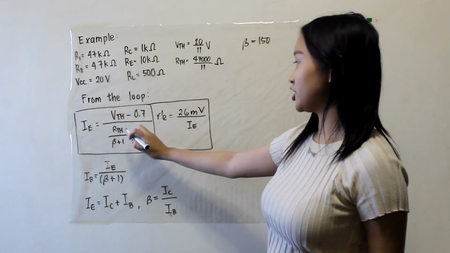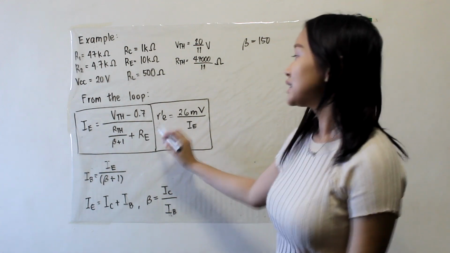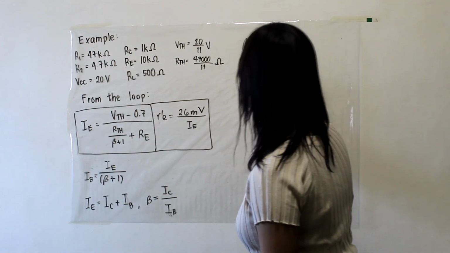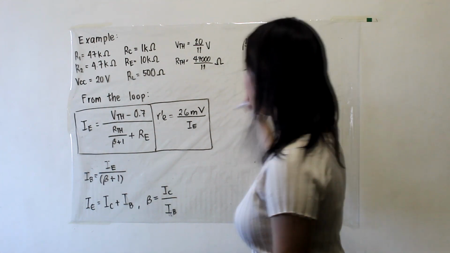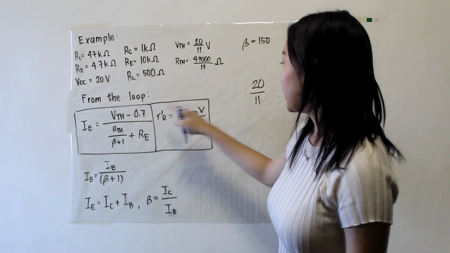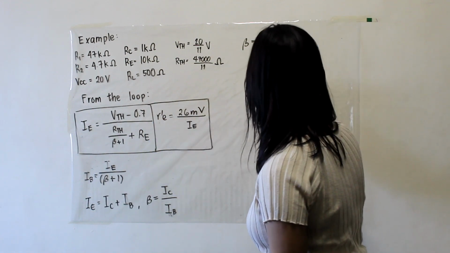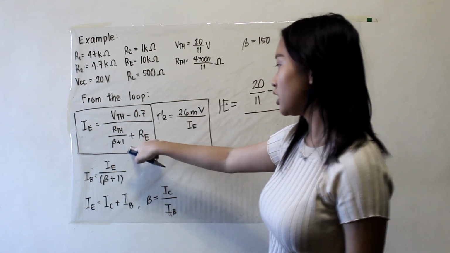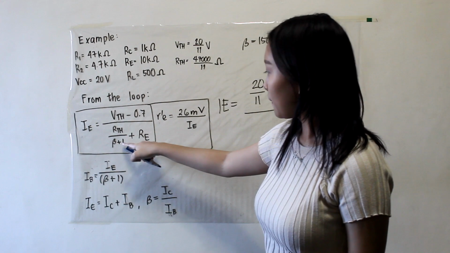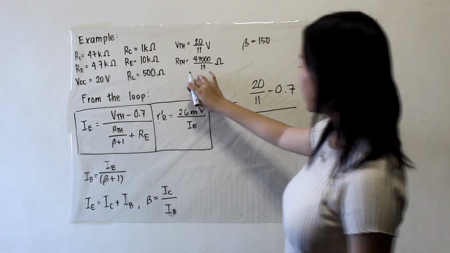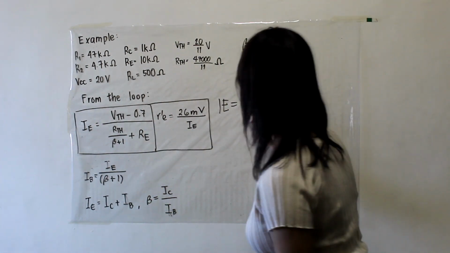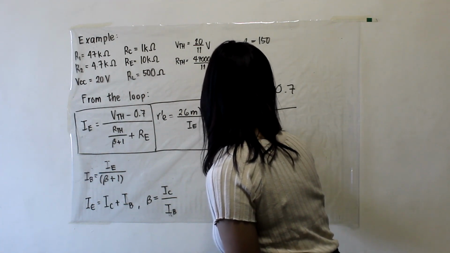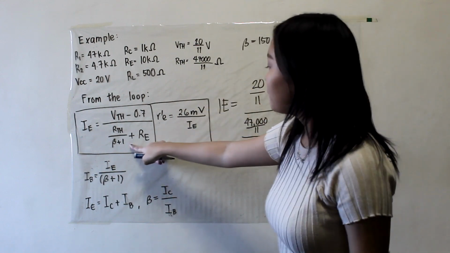IE is equal to VTH minus 0.7. By substituting, VTH is equal to 20 over 11 minus VBE, which is 0.7, over RTH over beta plus 1. RTH is equal to 47,000 over 11, over beta plus 1.